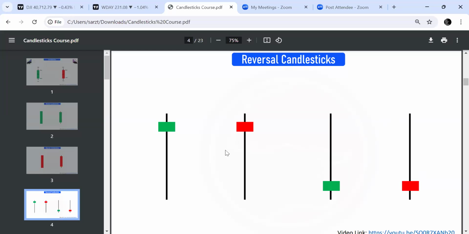But in this context, you have to remember one thing: if the wick appears big on the downside and very small on the top side, it indicates bullishness. And at the same time, if the wick appears very big on the top side and somewhat small on the downside, it indicates bearishness.